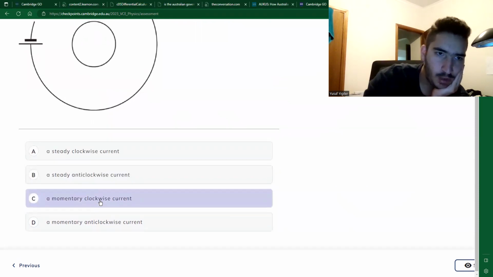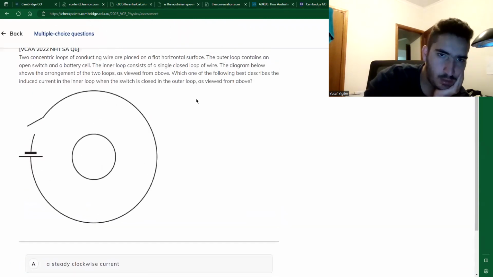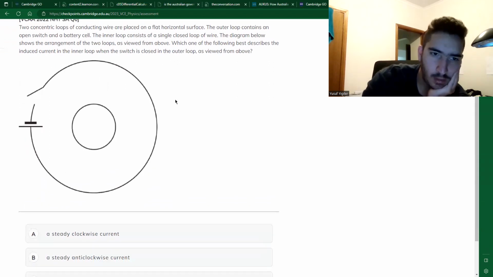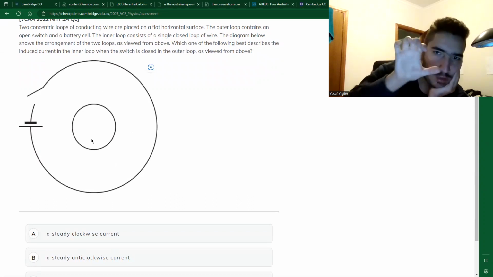What about momentary? Is it always closed? Yeah, it says when it's always closed. So what did I say? This is anti-clockwise. Can I add the page? Want to reverse it and put it into the page?